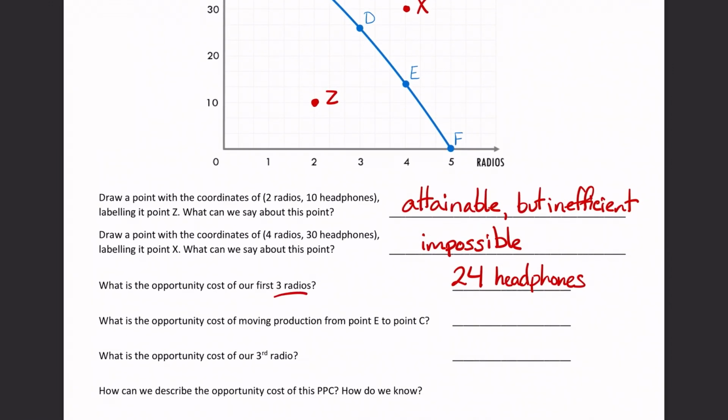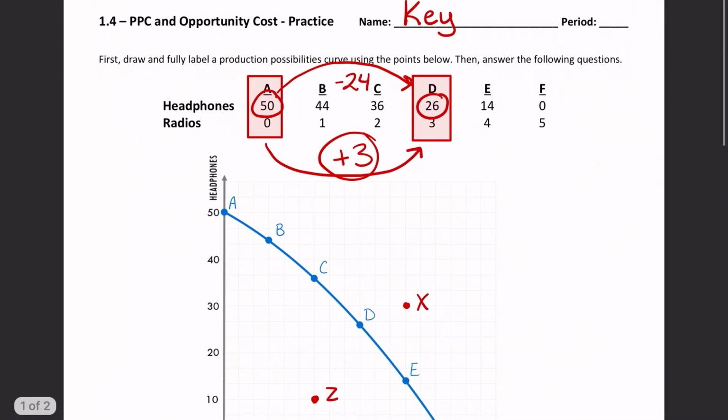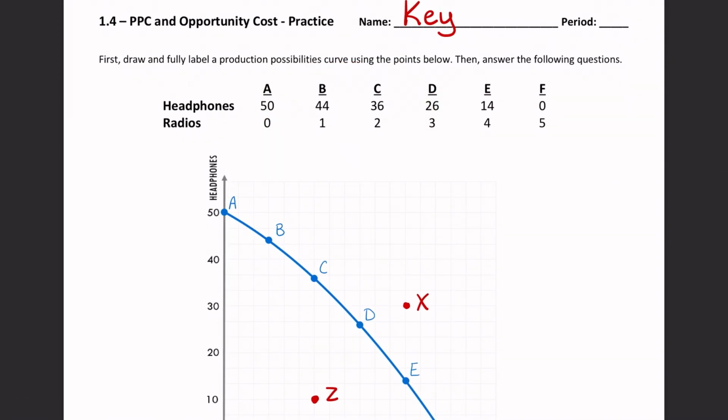All right, what's our opportunity cost of moving from point E to point C? This is another one where it's giving us 2 points, and we have to be very careful in following the direction, because it says we're going from E to C. We have to pay attention to the direction we're moving, because what are we gaining and what are we giving up? Well, we're gaining headphones.